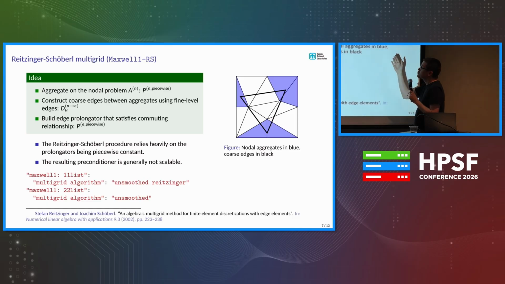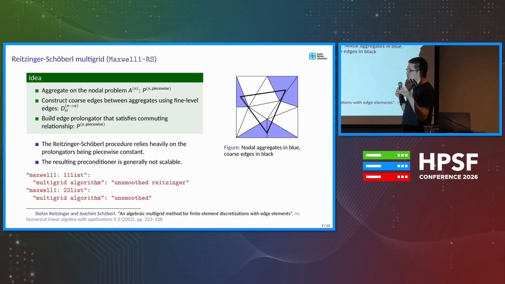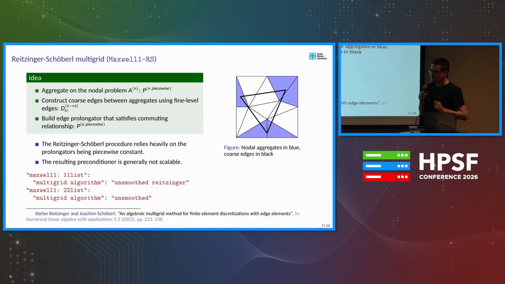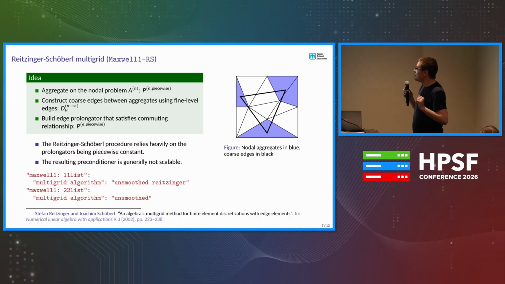In this particular case, we're just connecting all our 3 aggregates together. So that's the construction of our coarse discrete gradient operator. Again, remember this is just a signed incidence matrix between our coarse nodes.